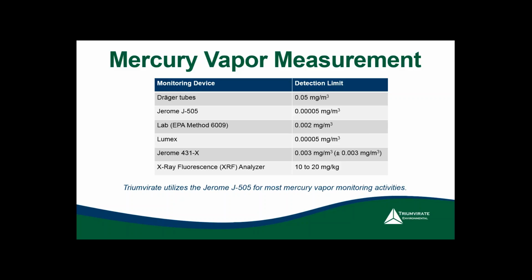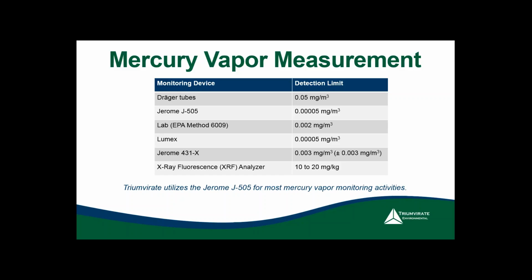The EPA method 6009 goes to 0.002 milligrams per cubic meter. That's using Draeger tubes. And the Lumex has the same detection limit as the Jerome. The older Jerome 431X has a detection limit of 0.003, with a plus or minus error of 0.003. So it's tough to actually get 0 with the Jerome 431X.